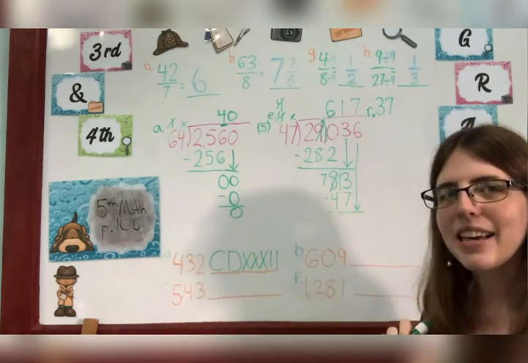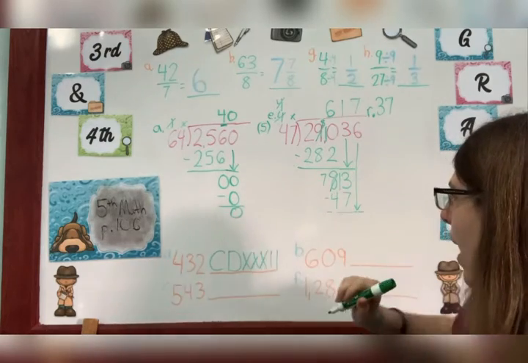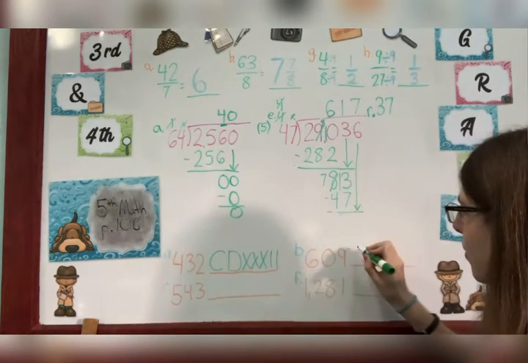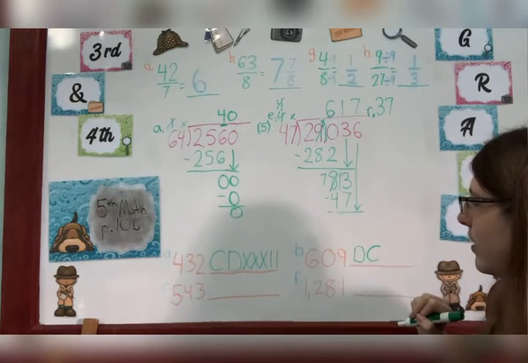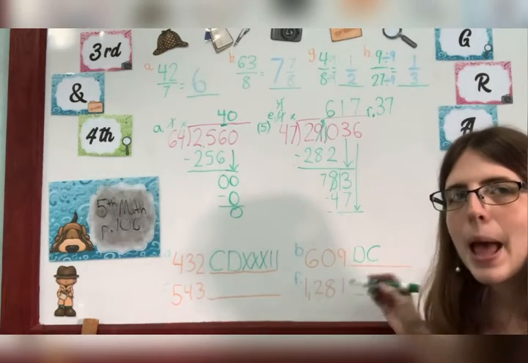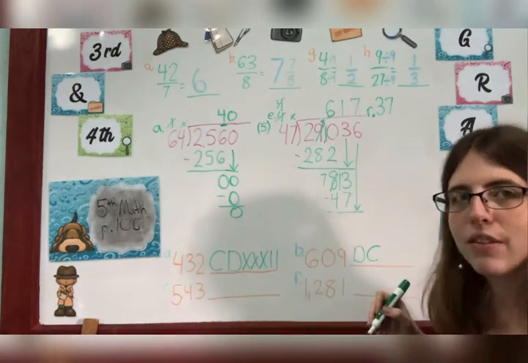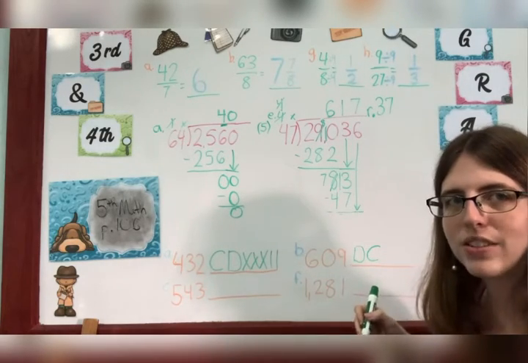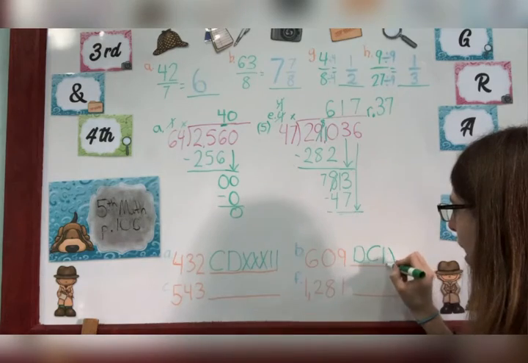All right, letter B. We have 609. Well, I can't do 6 C's, so I'm going to start with a D and add a 100, 600. I don't have anything in the tens place, so I don't have to worry about it. But now 9. Well, I can't do 5 and 4 ones because I can't have 4 ones, so I have to subtract 1 from 10, so I do IX.